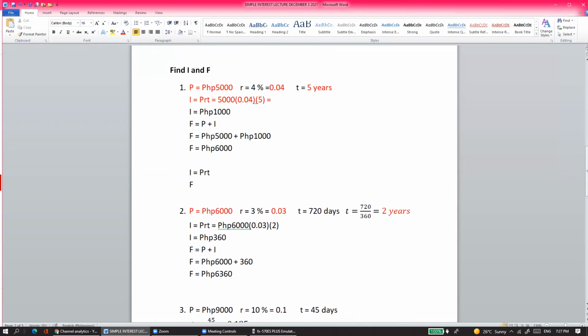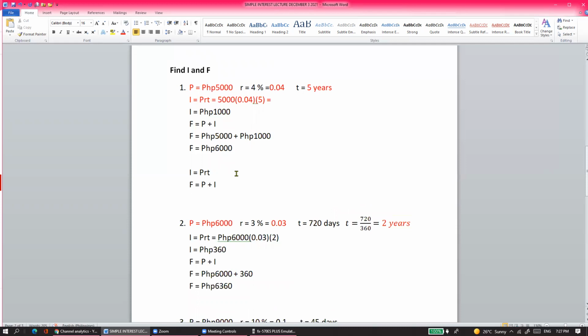And then our formula for the full amount is P plus I. Now, instead of I is equals to PRT, let us just assume that I is X and P is A, R is B, and time is C. So, X is equal to ABC. Kumbaga, ang P, ang counterpart niya is A. Ang R is B, ang time naman is C. Can you follow, anak?